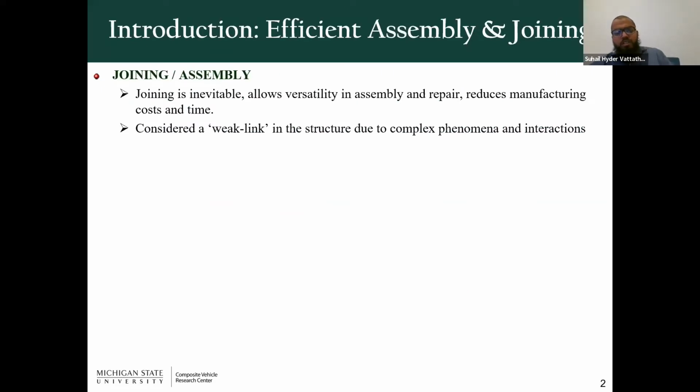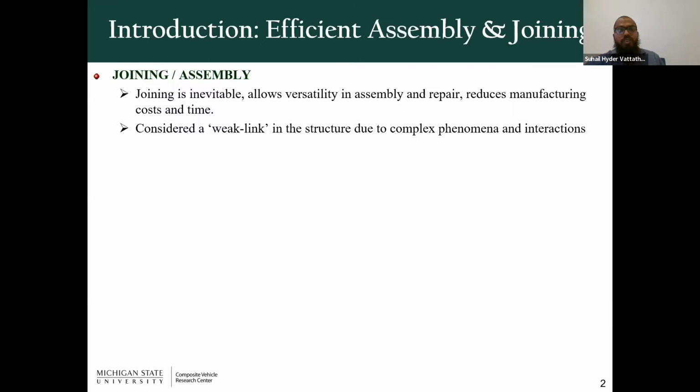So now, joining, as I just said, is a key and critical aspect in the design of any structure and in manufacturing. And every joint interrupts structural geometry, thereby creating material discontinuities, problems of load transfer, local peak stresses, and contributions to vehicle noise and vibrations, and so on.